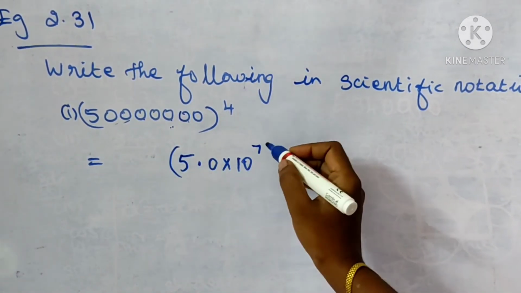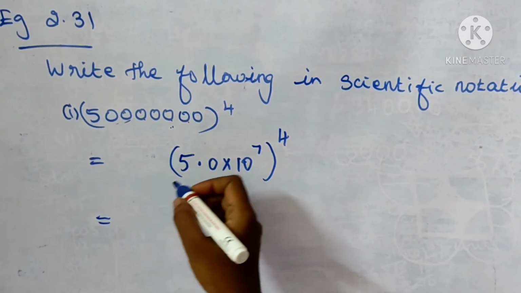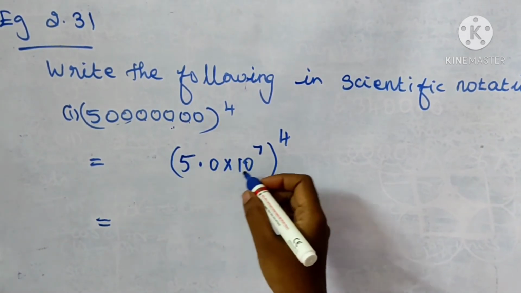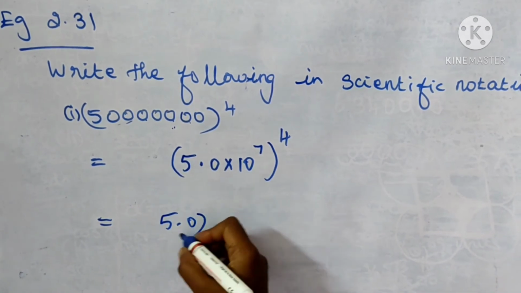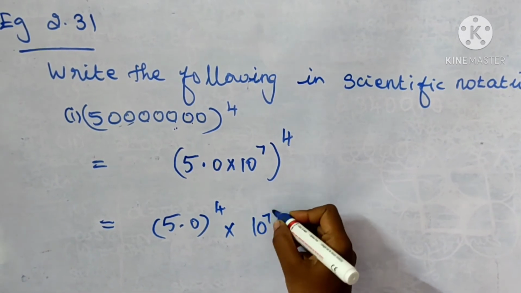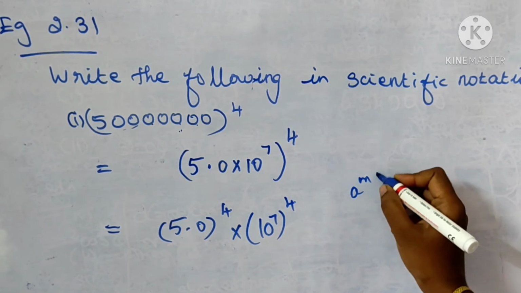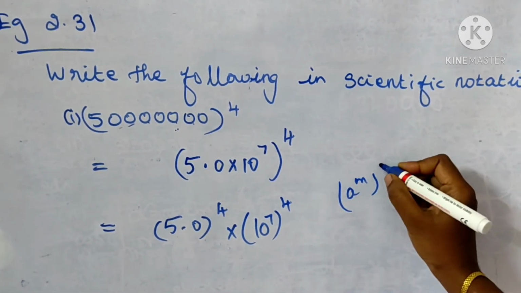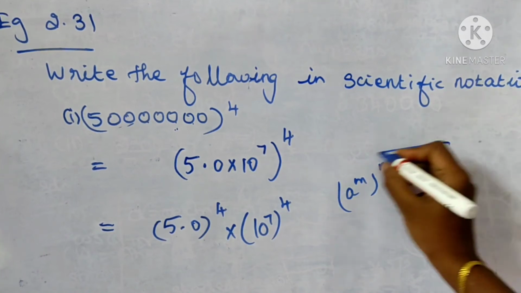The whole power 4. So now you take the power on this 5.0 and 10 power 7. So 5.0 the whole power 4 into 10 power 7 the whole power 4. You already know the radical formula: a power m the whole power n is a power m n.